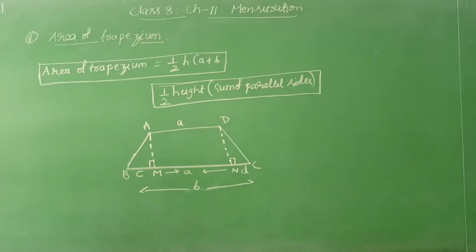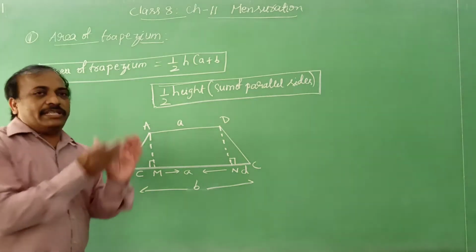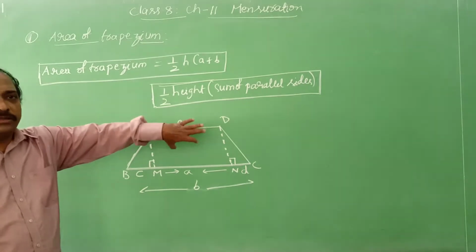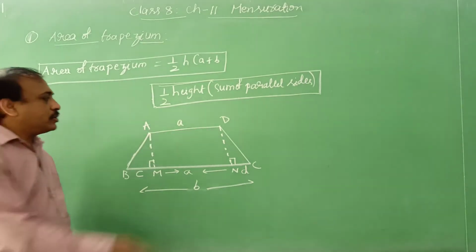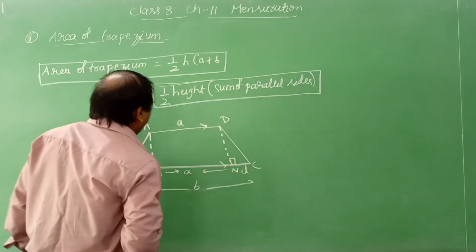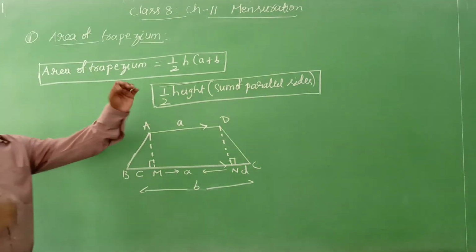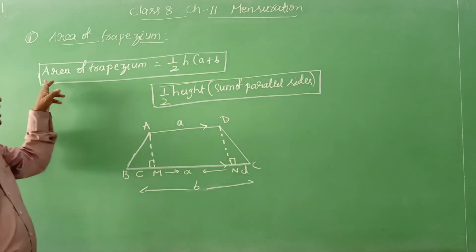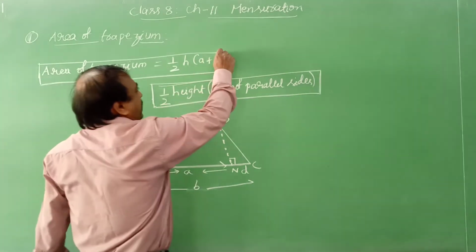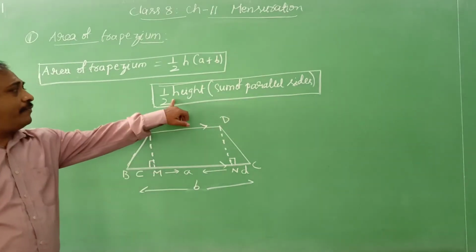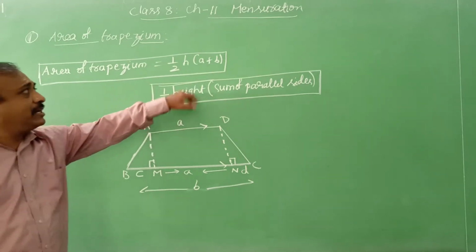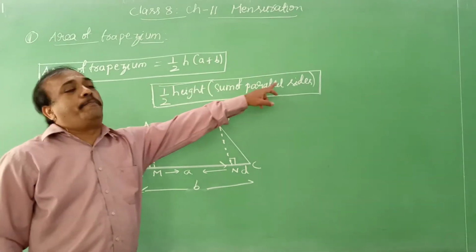Now you see, before the trapezium, we took one side as a perpendicular distance. Now this shape is also called a trapezium. Side AD is parallel to BC. What is the formula to find the area of the trapezium? Till now we have discussed area of trapezium is equal to half into H into A plus B, where H is height, A and B are the sum of parallel sides.